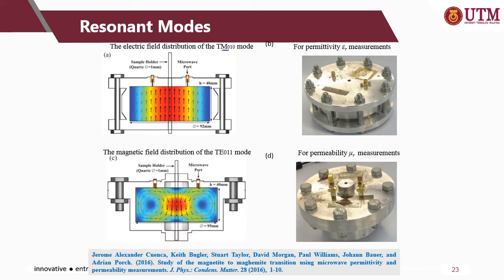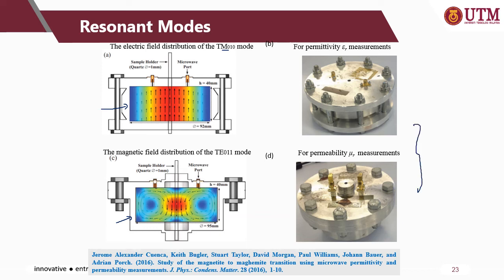And again, it depends on the application, whether the electric or the magnetic field is the dominant field required to be determined. Okay, so these two figures show different modes. Look at how the electric fields or the magnetic fields travel across two metal plates.